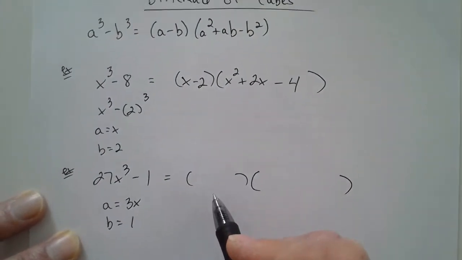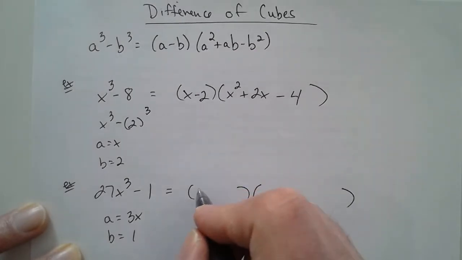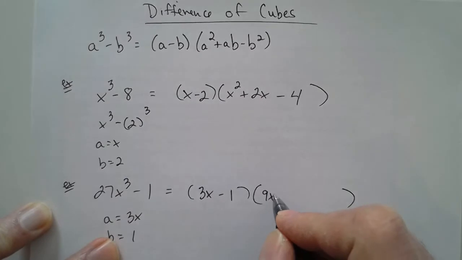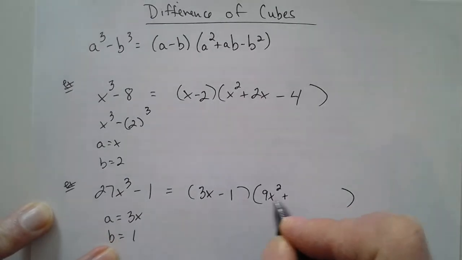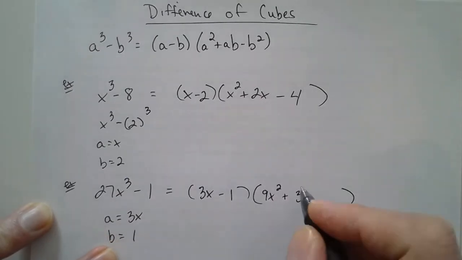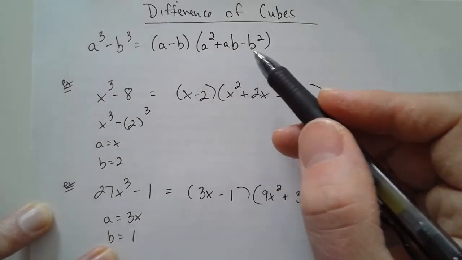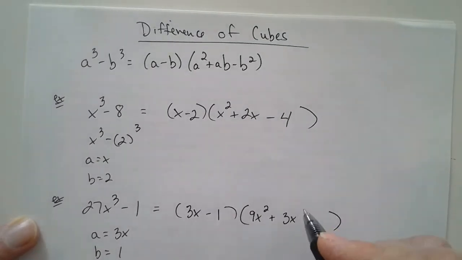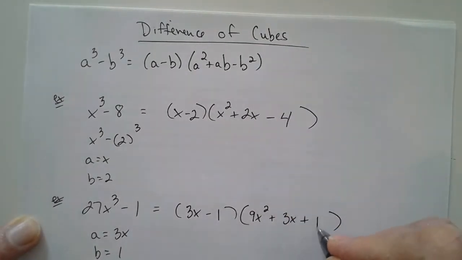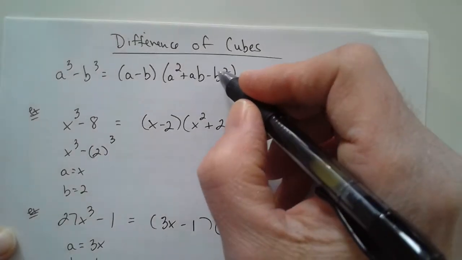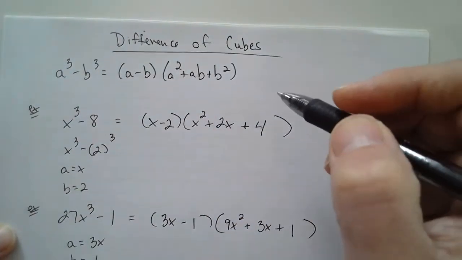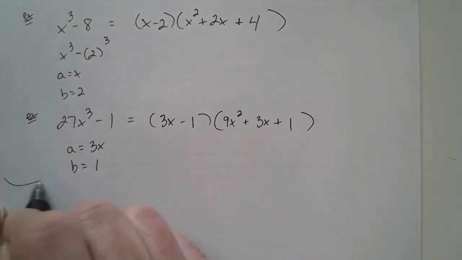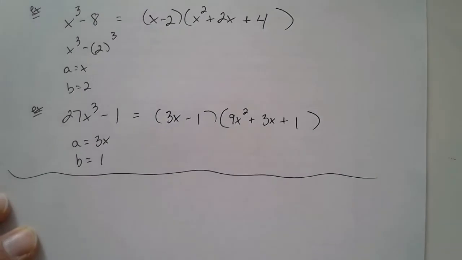All right, so using our formula, our a is 3x minus b, a squared plus a times b, I'm looking at my formula up there, plus b squared, which is 1. This should be a plus. Sorry about that. So that's a plus, and that's a plus. All right, so that would be difference of cubes.